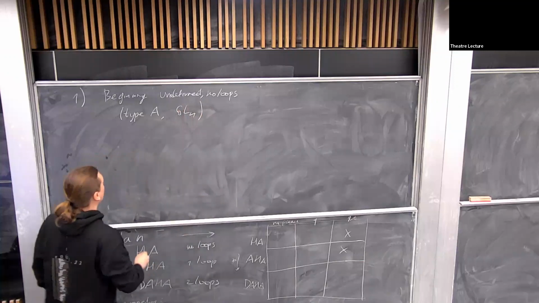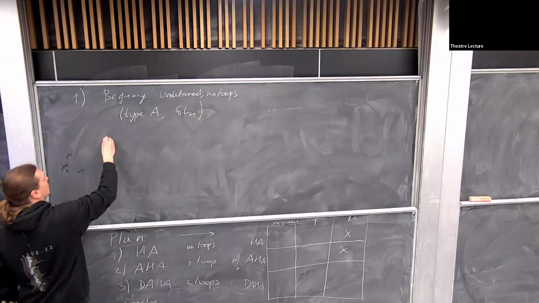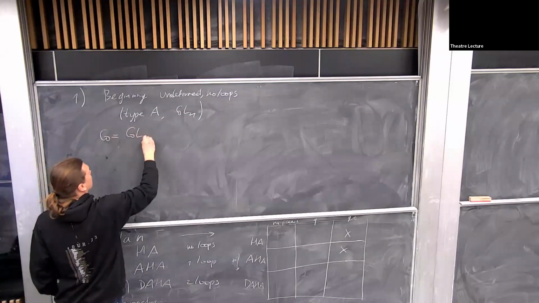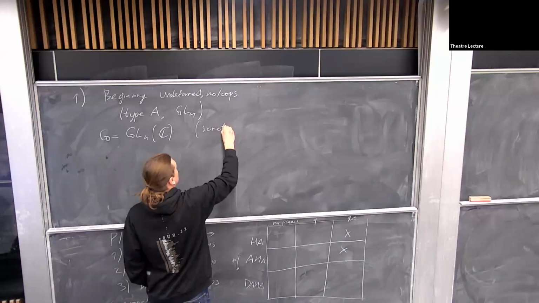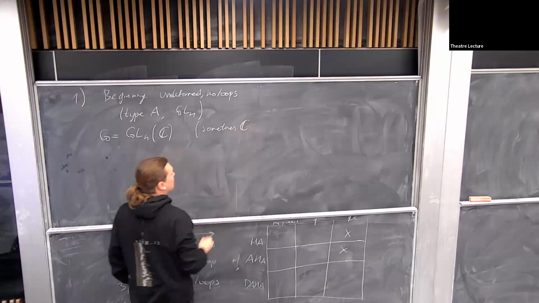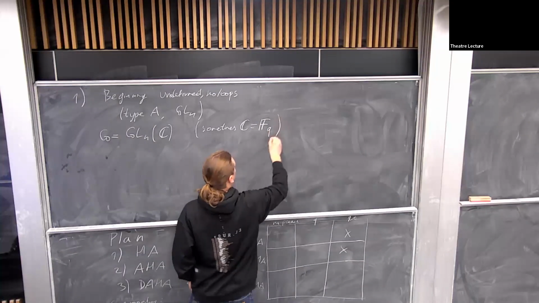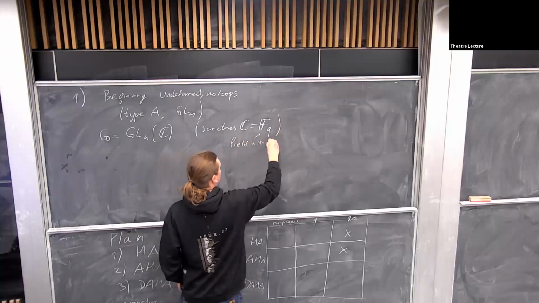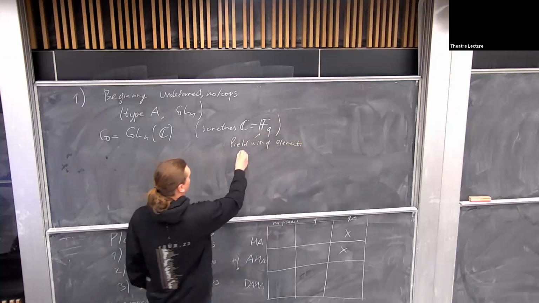So let's fix some notations. So n is fixed. Then we will use the group G is GL_n over complex numbers. I use F_q to denote the finite field with q elements, where q is a prime power.